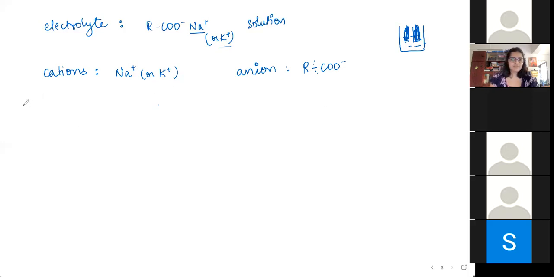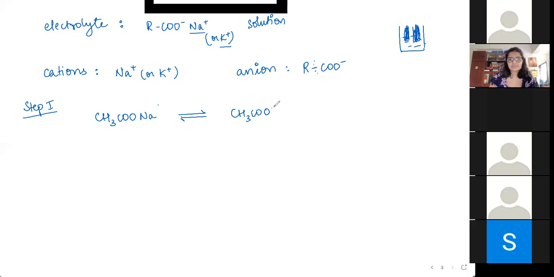So step one. Let's take sodium acetate only. CH3COONa is going to dissociate into ions. You get CH3COO minus and Na plus. This is a reversible reaction.